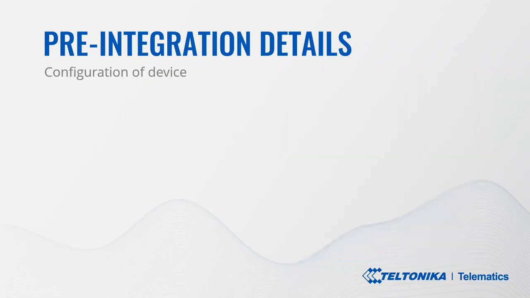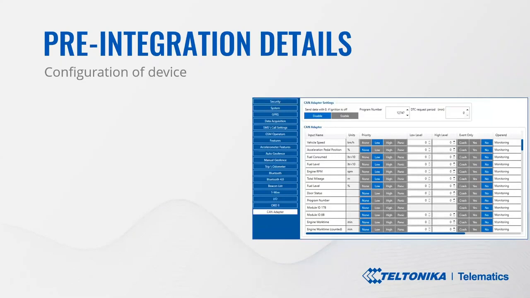Let's move on to the configuration of the device. It is possible to pre-configure the device before installing by creating a configuration file, or you can simply configure the device on the spot by connecting via USB cable using our configuration software. The first of the important steps is to specify and change the program number to the matching one.